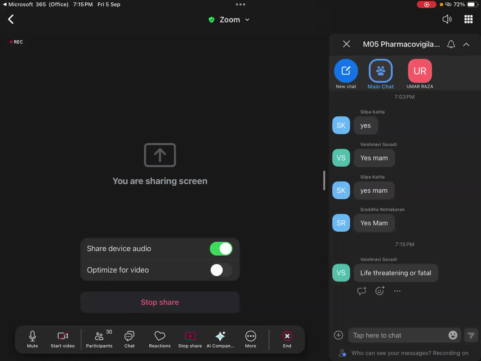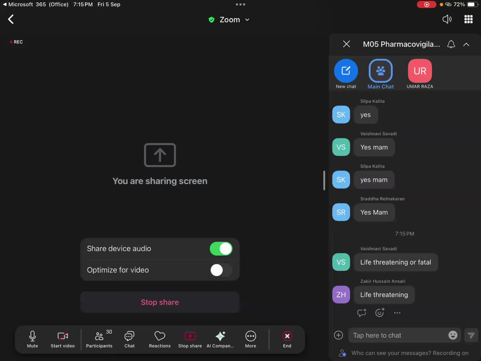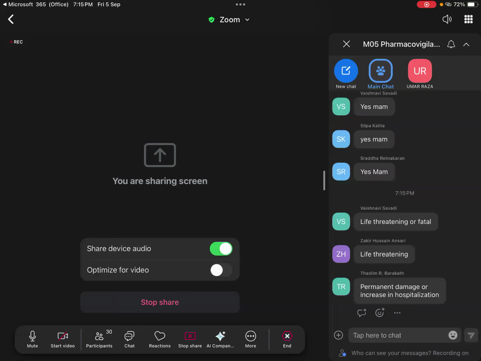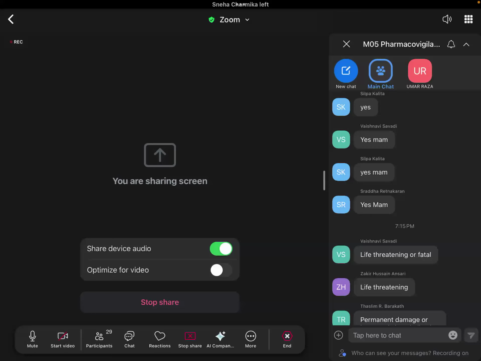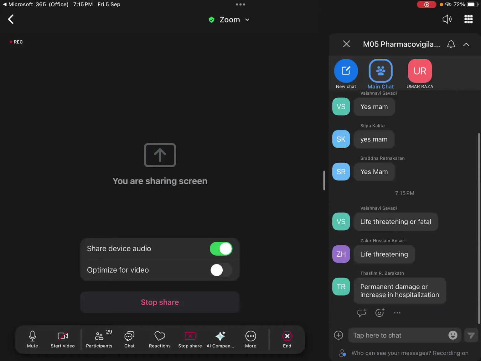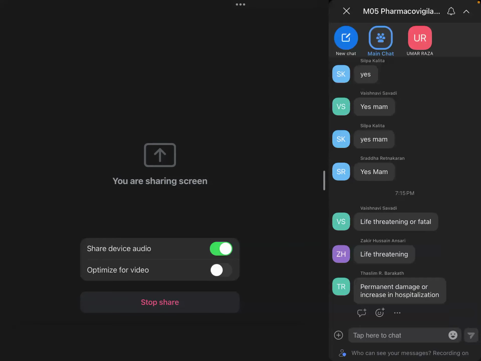Life threatening, fatal, very nice. What else? Death. It starts with death, life threatening. Two are done. Okay, disability, permanent damage means disability. Okay, increase in hospitalization. One more to go.